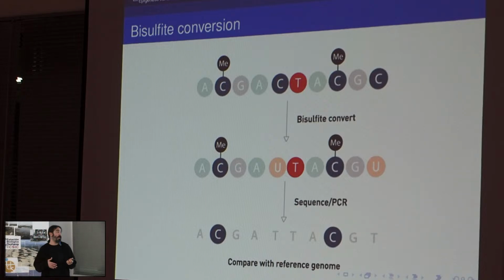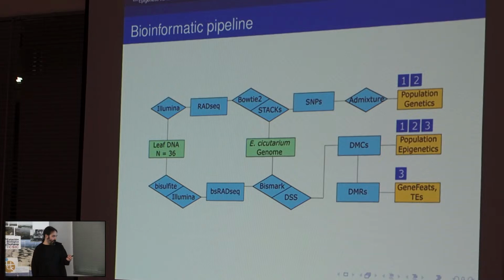And I can then estimate the percentage of methylation at that position. All right. So once the DNA was treated with bisulfite, we made the bisulfite RAD-seq libraries, and then we aligned these reads to the cicutarium genome using Bismark, which is an aligner that is sensitive to DNA methylation detection.